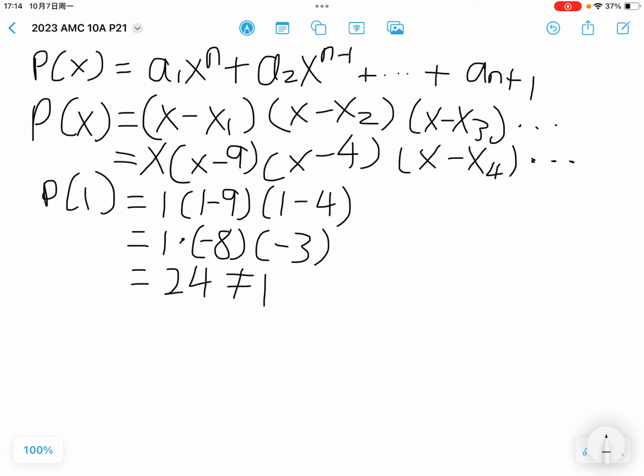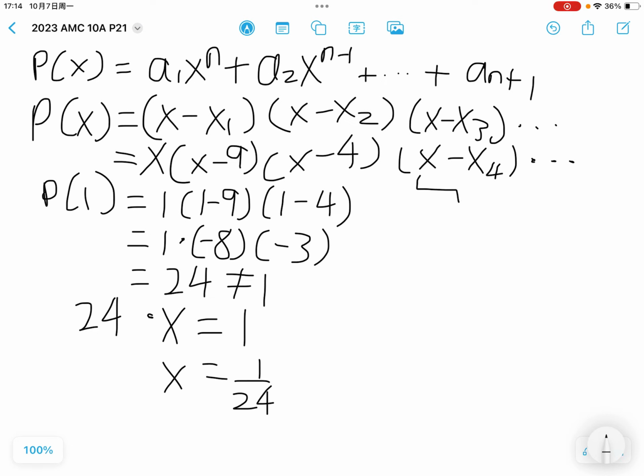Obviously there's a solution to this problem. There's an m over n that we must multiply 24 by. So what times 24 equals 1? So we need a fourth root. Well, 1 over 24 times 24 equals 1, since anything times its reciprocal is 1.